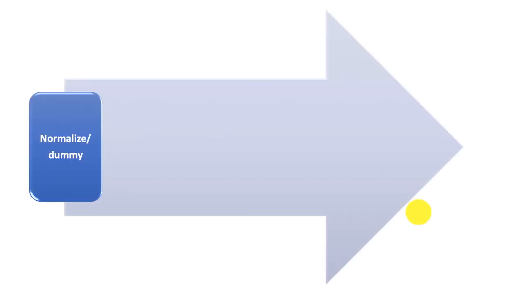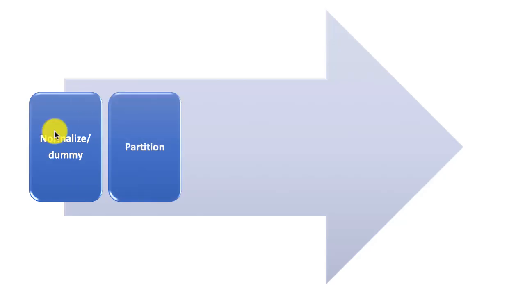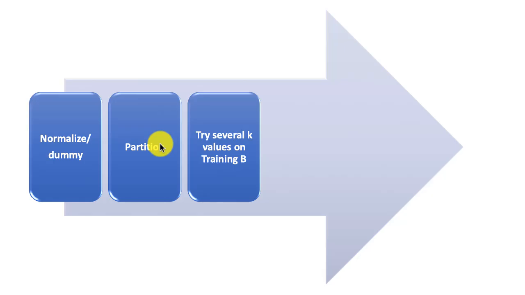Let's look at the overall process. First we normalize the data if required. Any numerical attributes have to be normalized or scaled. And if you've got non-numeric or categorical predictors, then you have to create dummy attributes for them. The next step, once you have done all this, is to partition the data into 3 partitions: training A, training B, and test.